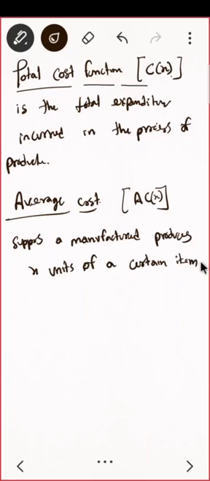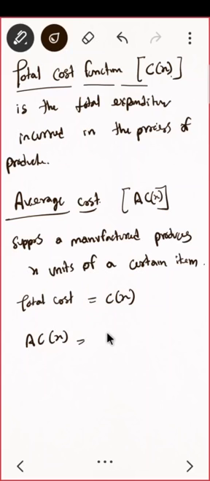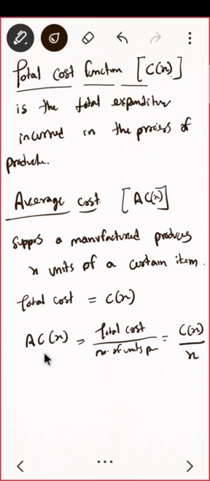Okay, then the cost of producing that will be C of X, and average cost will be this. Then total cost will be C of X, and average cost, that is cost per unit, AC of X, will be what? Total cost upon number of units produced. You already know how to find an average, that is total upon number of units. So C of X upon X. This is the formula for average cost.